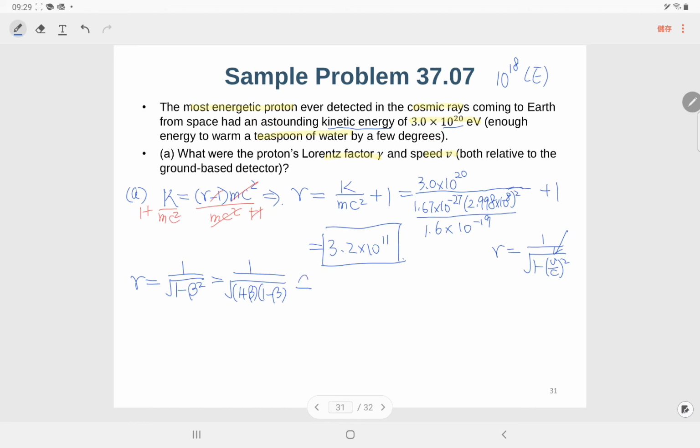So it is approximately 2 times 1 minus beta, because beta is very close to 1.